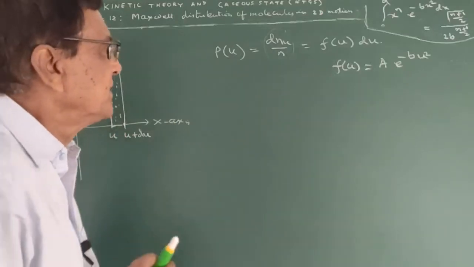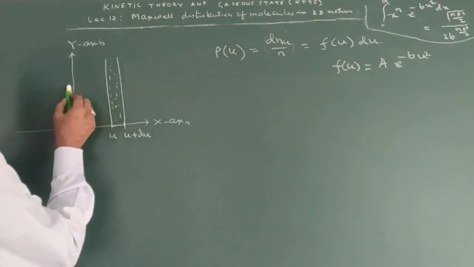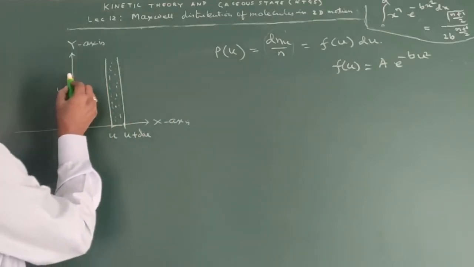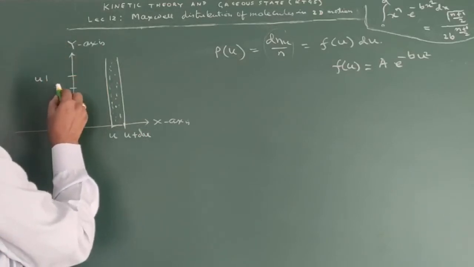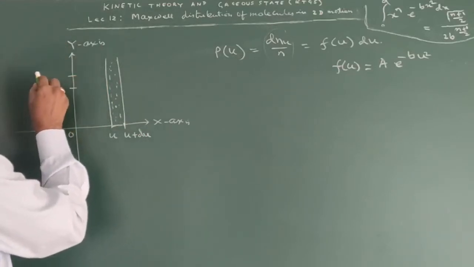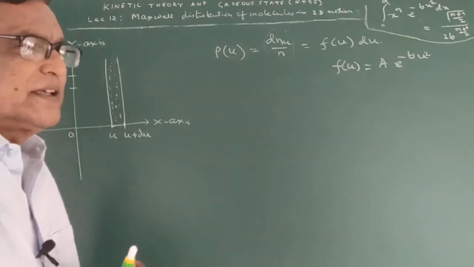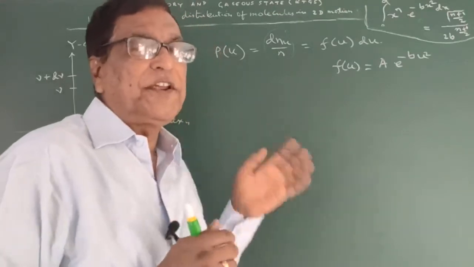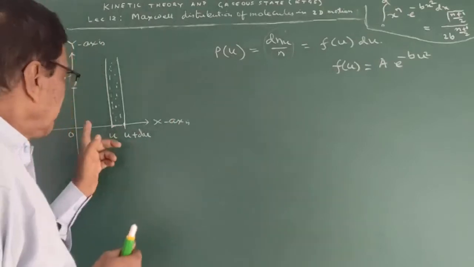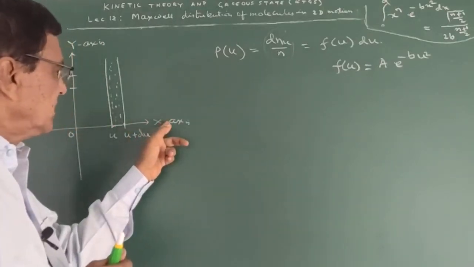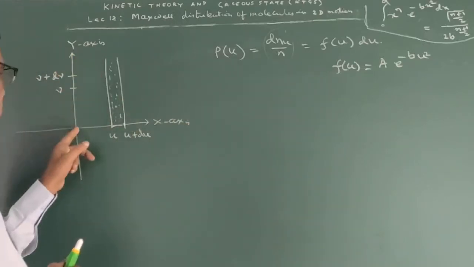And in a similar way, if we consider this is u, and this is v and this is v plus dv, if we consider the molecules having the velocity v along this y-axis, and this is the origin. Here actually 0 to plus infinity, here 0 to minus infinity, 0 to plus infinity, 0 to minus infinity.